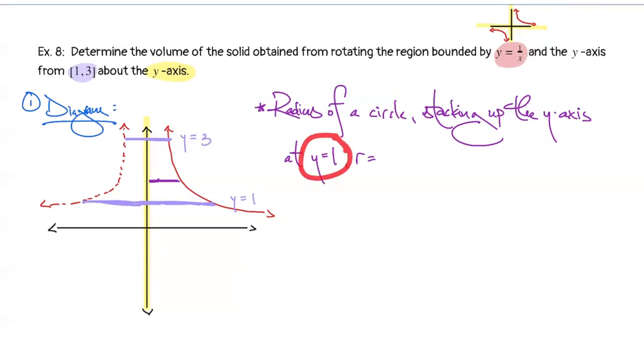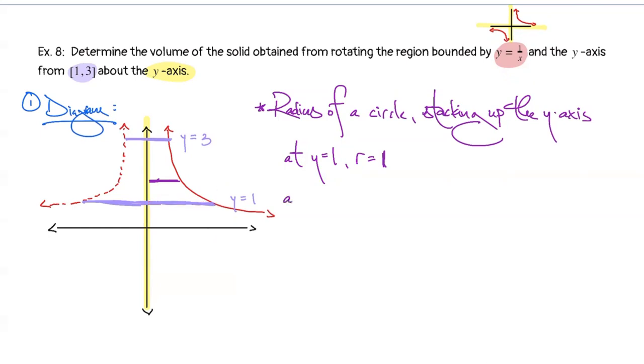If we take 1 for y and plug it into that equation, 1 equals 1 over x, well then the radius must be 1, right? When I draw the line horizontal like that, that's an x value. It tells me how far I've gone out side to side.